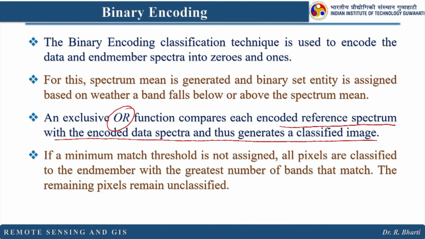If a minimum match threshold is not assigned, all pixels are classified to the end member with the greatest number of bands that match. The remaining pixels remain unclassified. So that is going to happen when you use this binary encoding method.